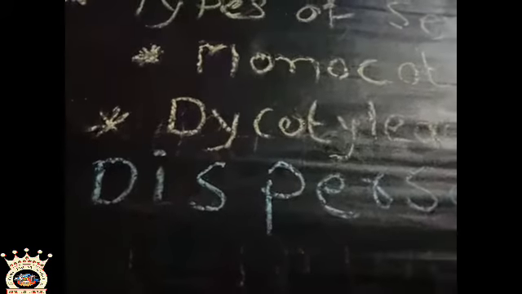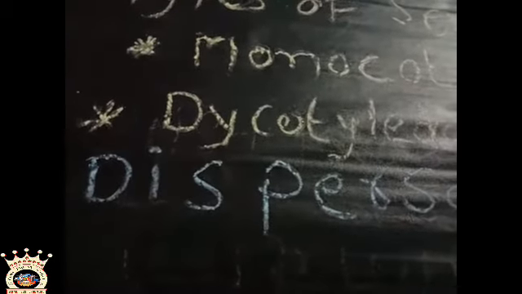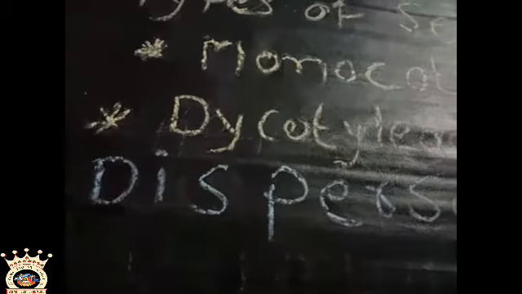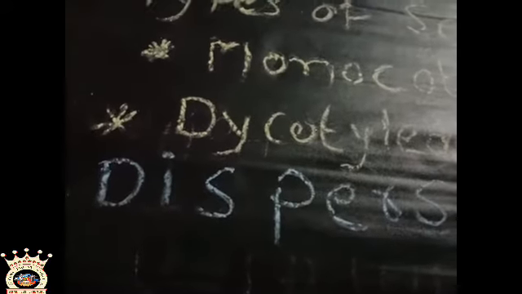If seeds do not go away from the parent plant, all the seeds fall under the parent plant. All seeds will germinate at one time and compete for food, water and air. So dispersal helps the wide distribution of seeds.